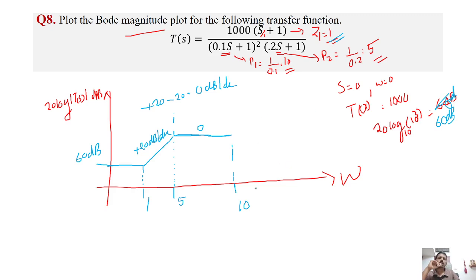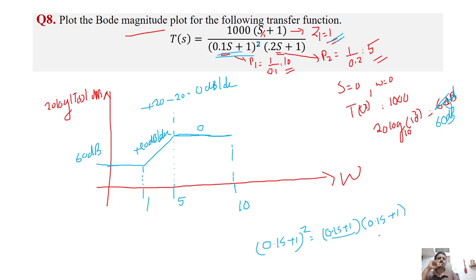Now at 10 it is due to the pole P1, that is this term 0.1 s plus 1 whole square. So there is a square term also, so due to this term there will again be a roll off. Since it is a square term, it is 0.1 s plus 1, into again 0.1 s plus 1.